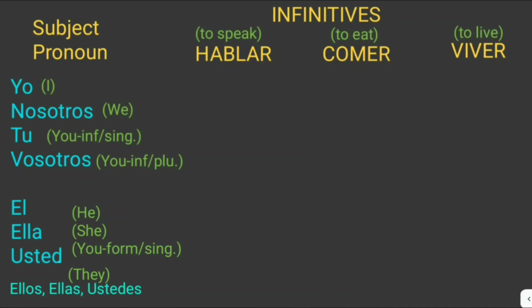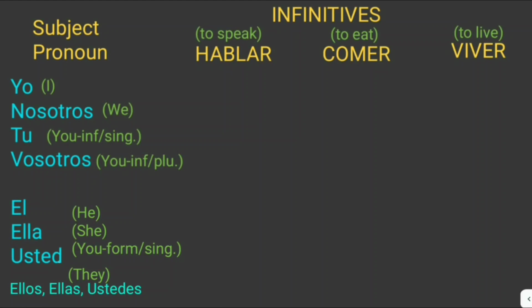And then we have él, ella, usted, singular form, he, she, it, and you, formal. And then we have ellos, ellas, ustedes, plural form, which means they in English.